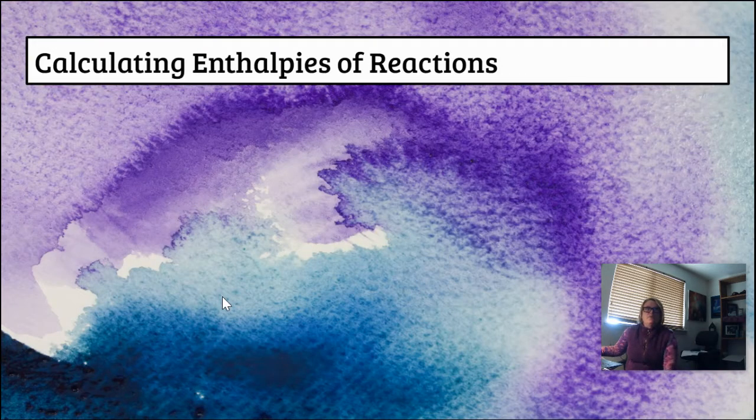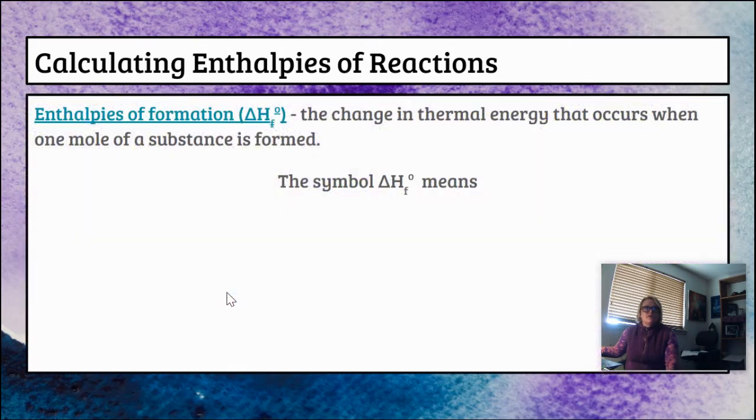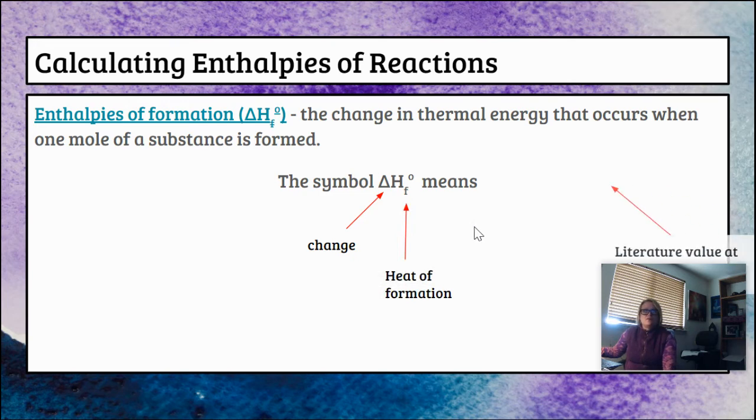So, calculating enthalpies of reaction. Definition: enthalpies of formation is what we're going to use here to calculate the enthalpies of reaction. And they are defined as the thermal energy that occurs when 1 mole of a substance is formed. So we use the symbol delta H sub F with a little degree symbol, where that delta means change, H sub F means heat of formation, when we're forming different compounds.